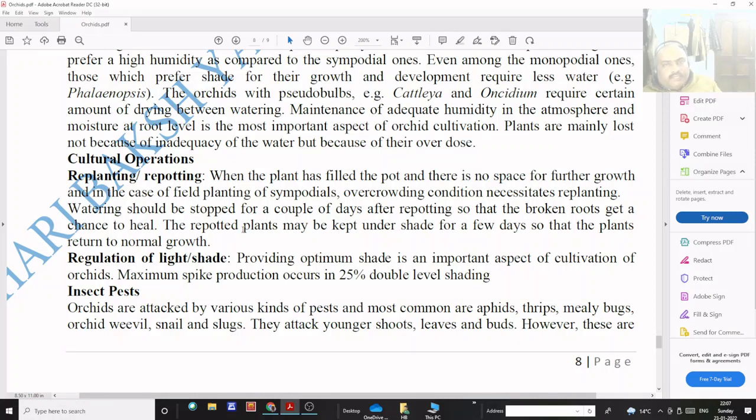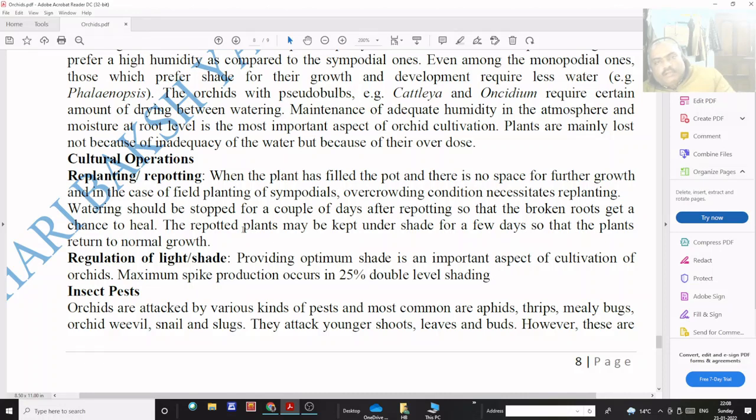Insect pests are an important aspect of consideration while discussing the cultivation of orchids. As in many other crops, orchids are prone to many insect pests and diseases.